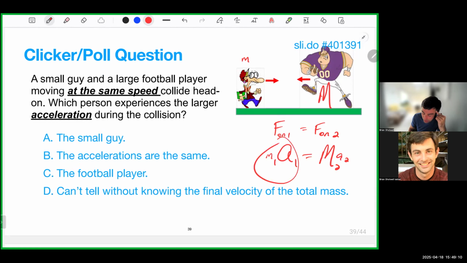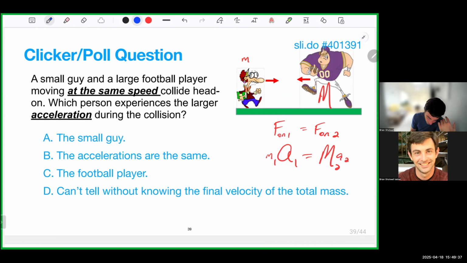This person is going to feel a change in direction much quicker. And their whole body is going to change direction very quickly, and that puts a lot of internal forces on their body. That's why, again, grabbing someone on the street, they're going to say this person feels a much bigger force. But yeah, the internal forces are more pronounced and noticeable on this person. But the actual interaction between these two are equal and opposite.